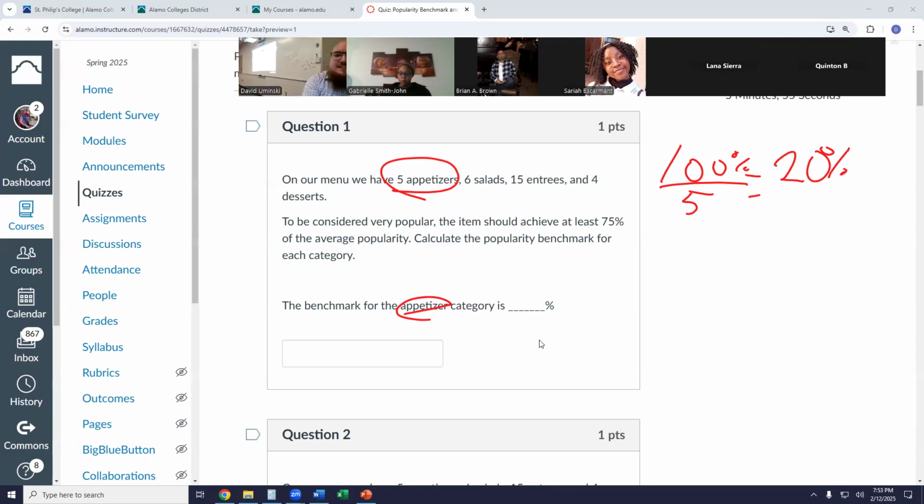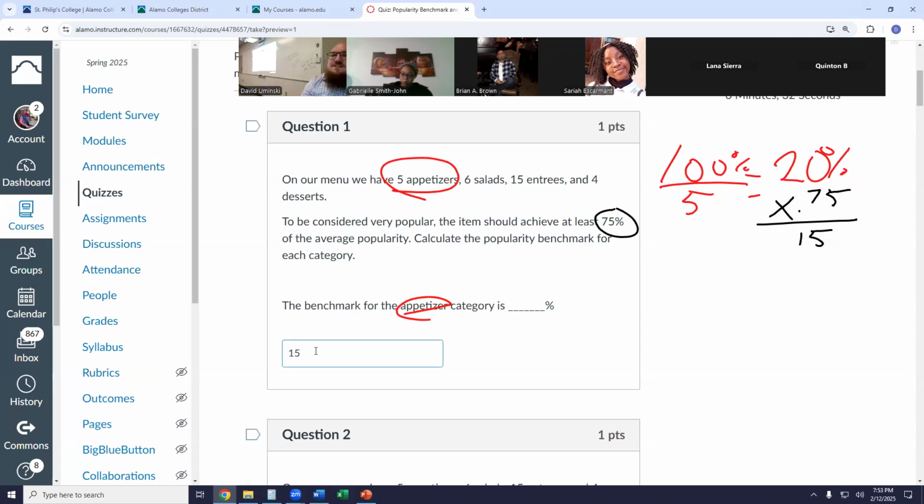And now my percentage of 75%, I want to multiply by 0.75. And I'm going to get 15. Okay. Double check my math. 20 times 0.75 is 15, okay?